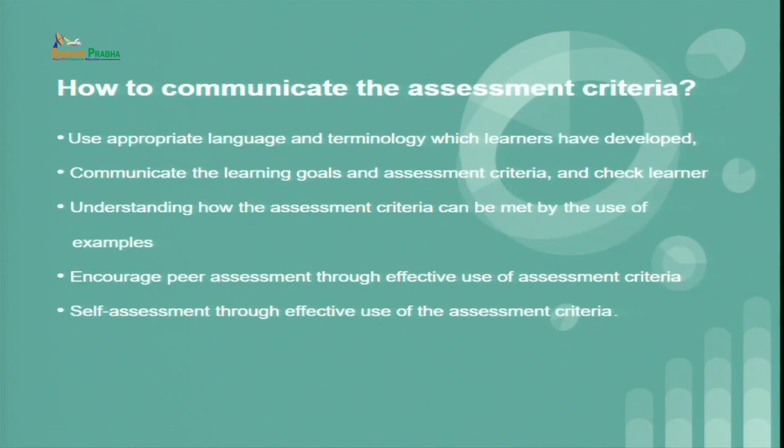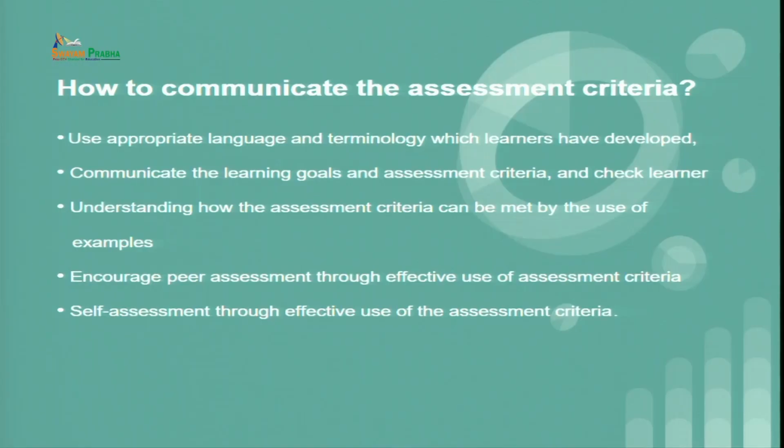Now coming on to the next slide, how to communicate the assessment criteria. You can tell that this number of marks will be credited to this particular skill, but how to communicate, there's a proper criteria to do that. Looking at this slide, let us quickly see that you should use appropriate language and terminology.